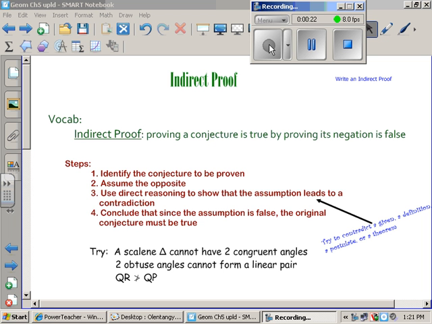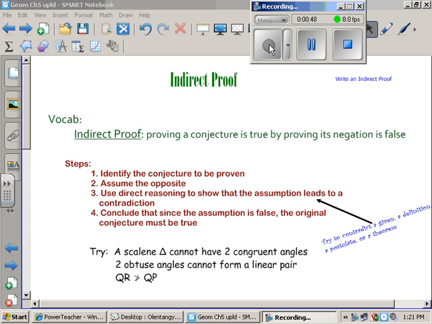So first of all, the idea of an indirect proof is that you prove something is true by proving that it can't be false. Okay, so for instance, like the first one, a scalene triangle cannot have two congruent angles.